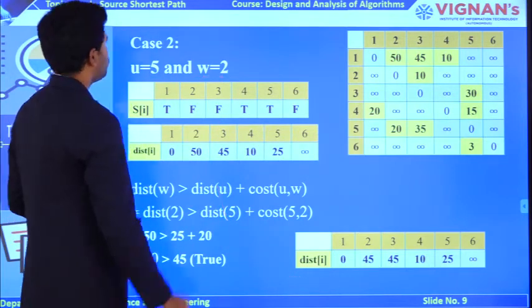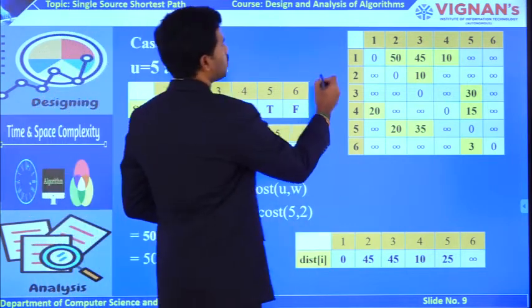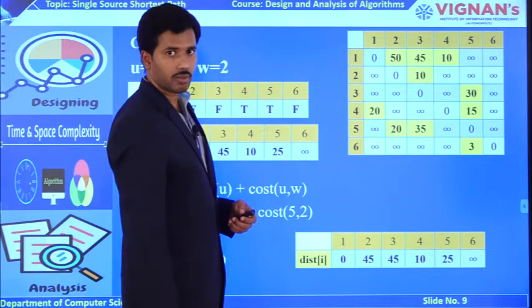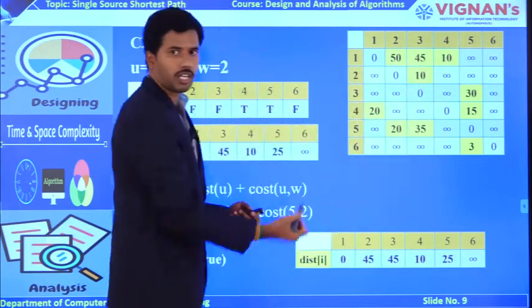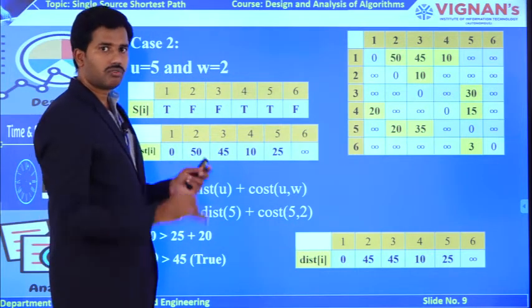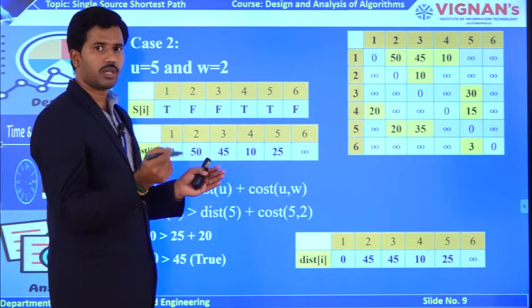Now for the next case, U becomes 2. So go to the second vertex of your adjacency matrix. From 2 you can reach 3 only, right? So W becomes 3. If there are multiple vertices, you choose the minimum value.